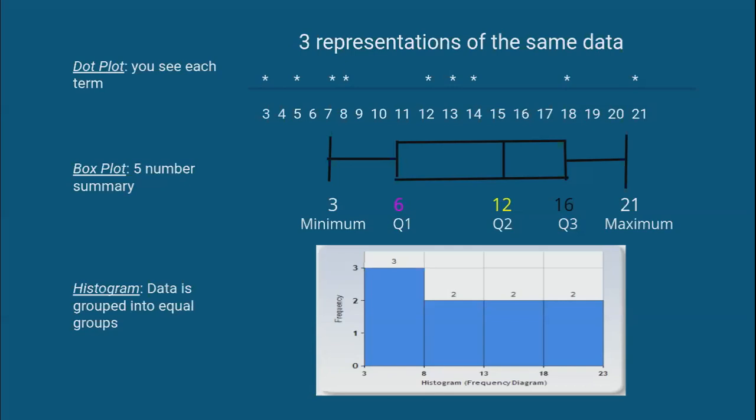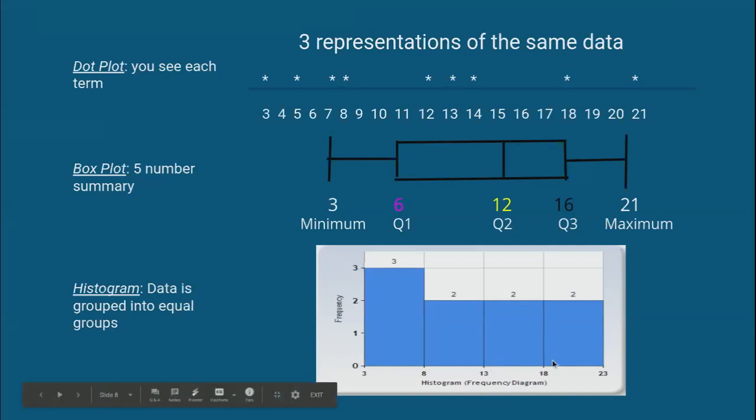And then lastly, a histogram. The data is grouped into equal bins or equal groups. And again, similar to a box plot, you don't know the exact terms that are in the data set. What you know is 3 of them fall between 3 and 7. 2 of them fall between 8 and 12. 2 of them fall between 13 and 17.